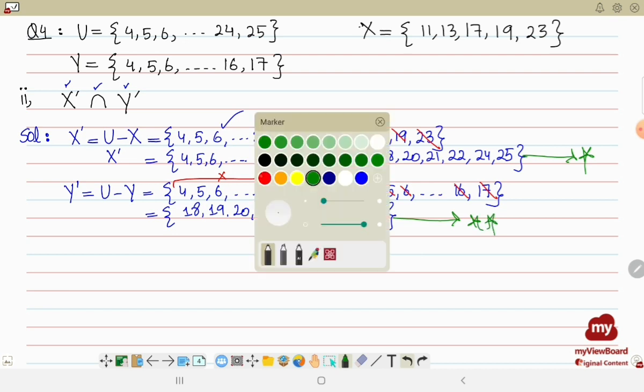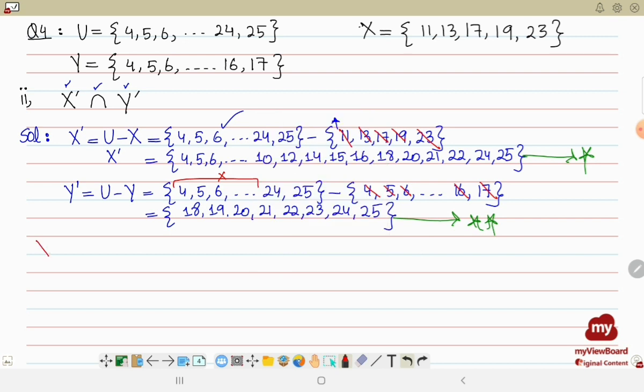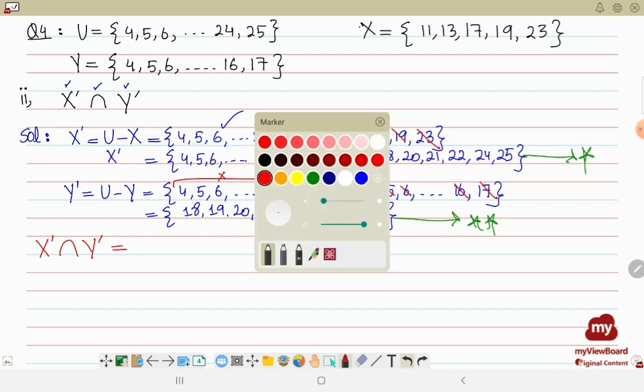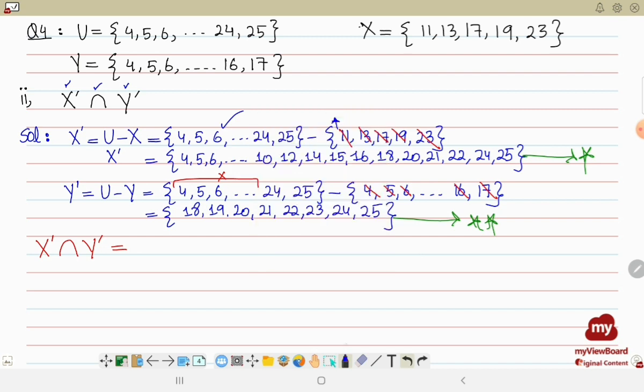Now we are supposed to find out the x complement intersection y complement. So अब हम क्या करेंगे, जो हमने सेट फाइंड आउट किए हैं एलिमेंट्स वो हम जो है वो यहाँ पर लिख देते हैं. फर्स्ट वी विल राइट x complement 4, 5, 6 till 10, then 12, 14, 15, 16, 18, 20, 21, 22, 24, 25.